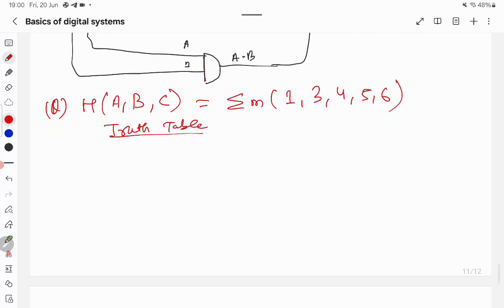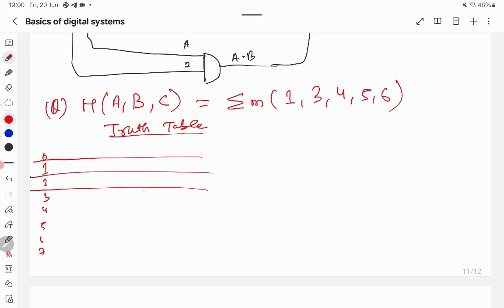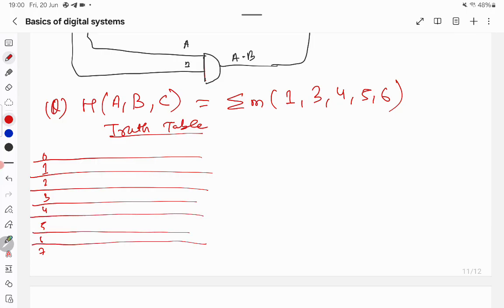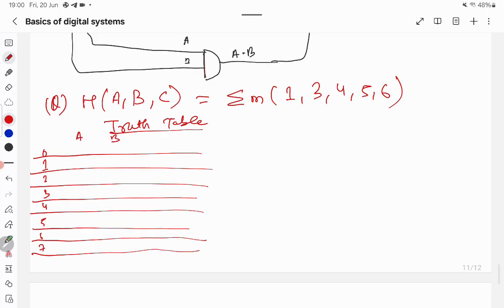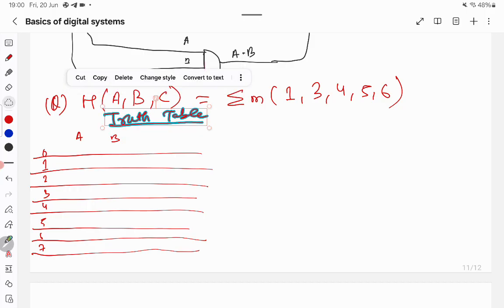So you have to write like this: 0 1 2 3 4 5 6 7. Then let's make sections. After making sections, you will name it A B. Let's move this a bit up.